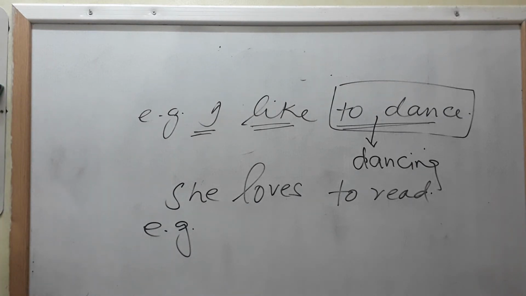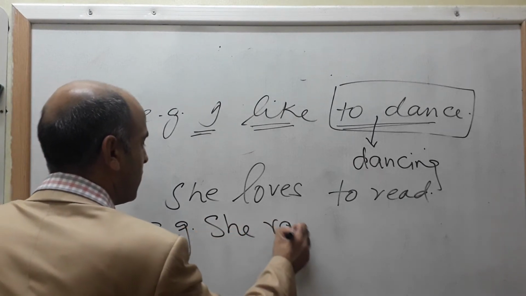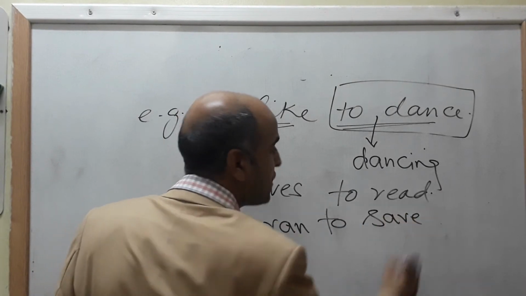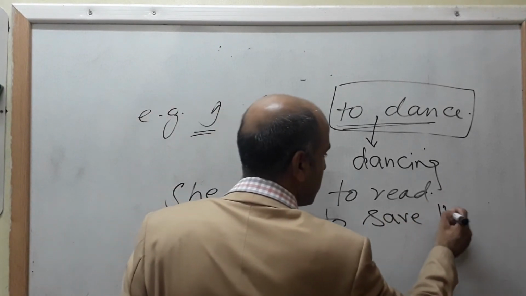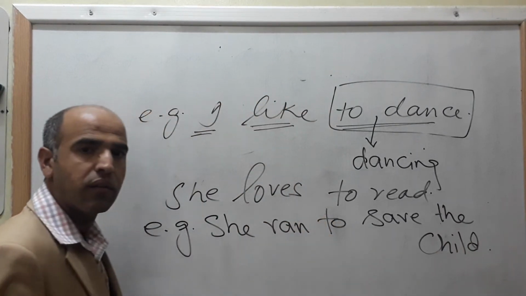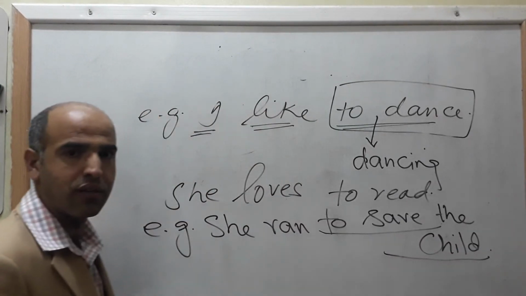It's a very good example. She ran to save the child. Clear? This is functioning as an object.